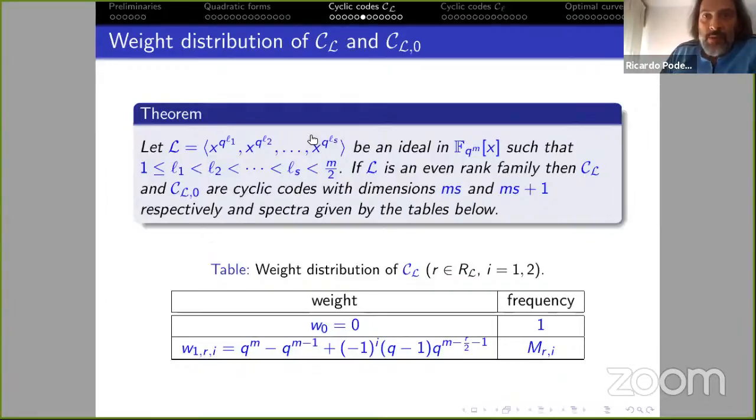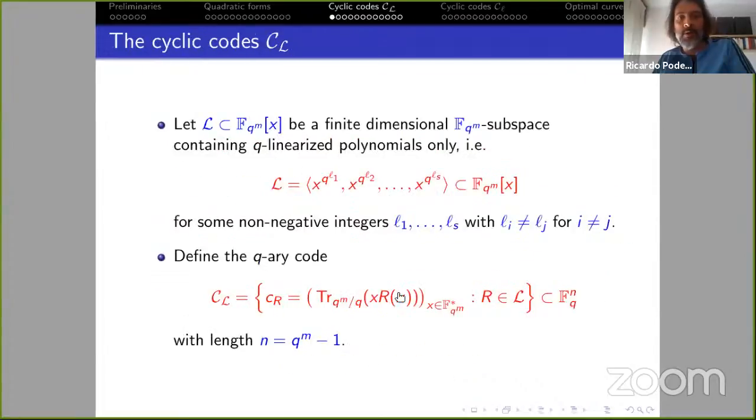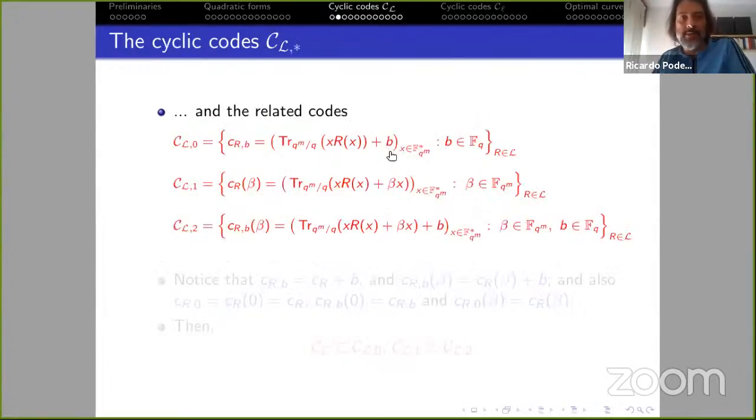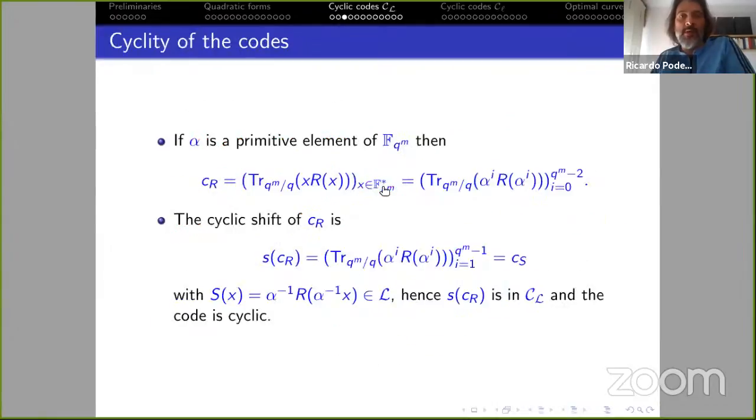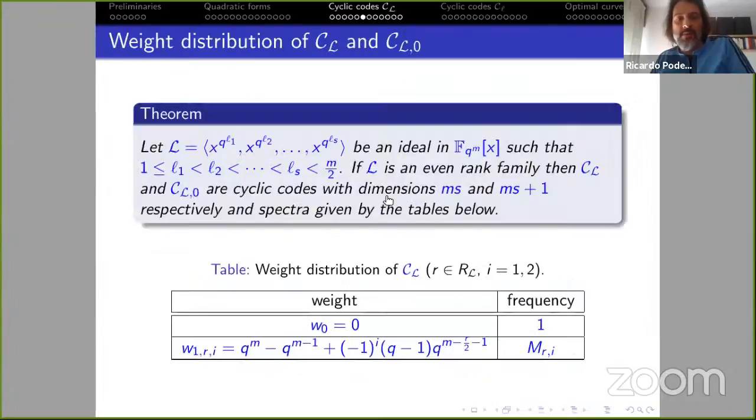Well, so we can now give the first theorem. Consider these two codes, C_L and C_L0. I recall the definition: C_L is this code, and C_L0 is adding this B. Consider, as we said, a family of Q-linearized polynomials.